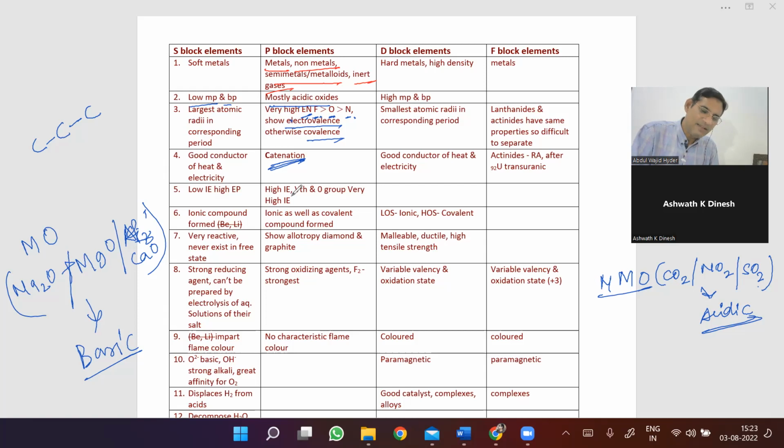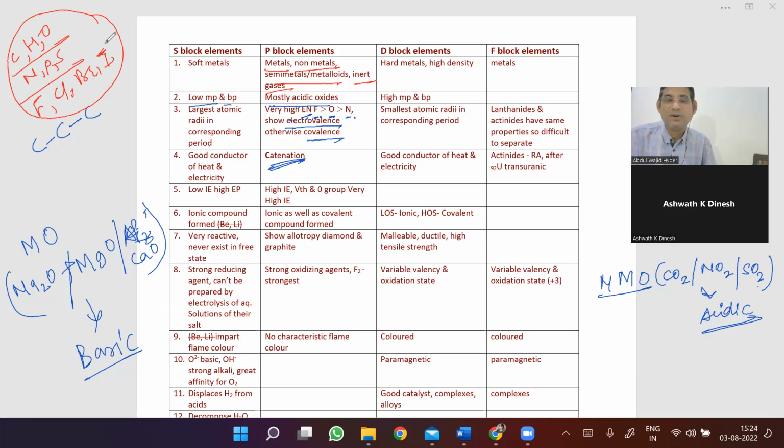What are these 10 elements? These 10 elements are carbon, hydrogen, oxygen, nitrogen, phosphorus, sulfur, then fluorine, chlorine, bromine, and iodine. Total how many elements? 10. These 10 elements constitute organic compounds, and the remaining 110 elements or so will form inorganic compounds.